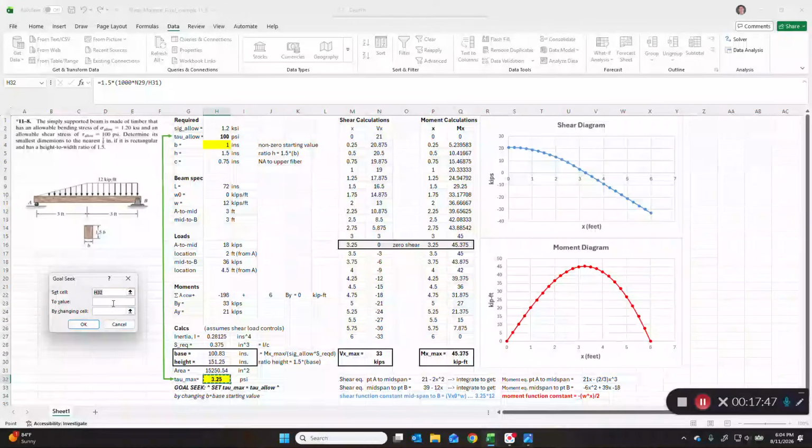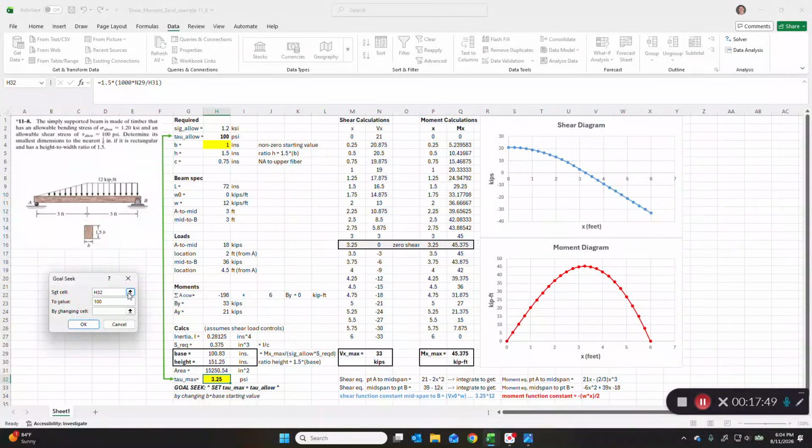We want to change this value to 100 psi, leave out the units, by changing our arbitrarily selected base of 1. And you can see there'll be some iteration probably, until we converge, and we are converging now at a tau max of about 100 if we get there, and we did. So that's pretty cool, I think, where we're doing all these iterations.